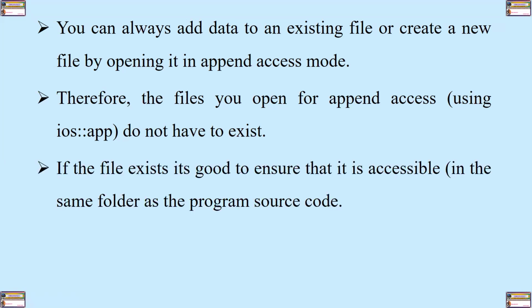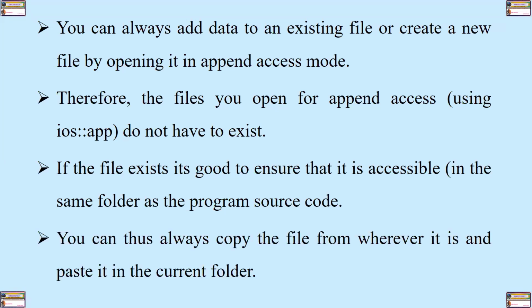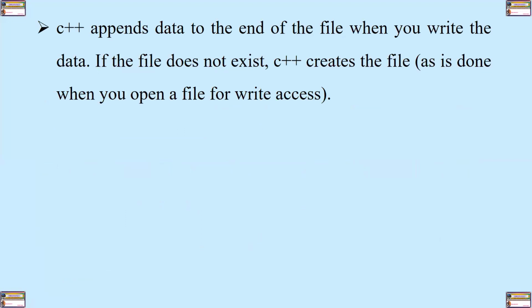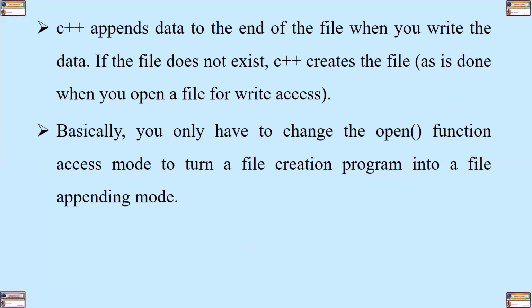If the file exists, it's good to ensure that it is accessible in the same folder as the program source. You can thus always copy the file from wherever it is and paste it in the current folder. C++ appends data to the end of the file when you write the data. If the file does not exist, C++ creates the file as is done when you open a file for write access.